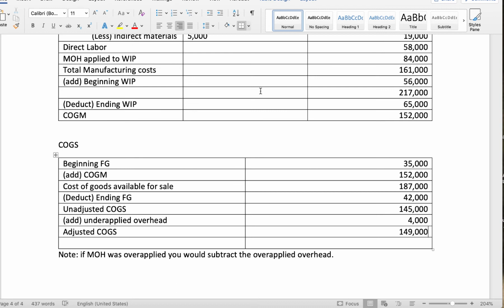Notice I put a little note down here as a reminder: if MOH is overapplied, we applied too much, so we need to subtract the overapplied overhead amount. So that's how you do those two problems.